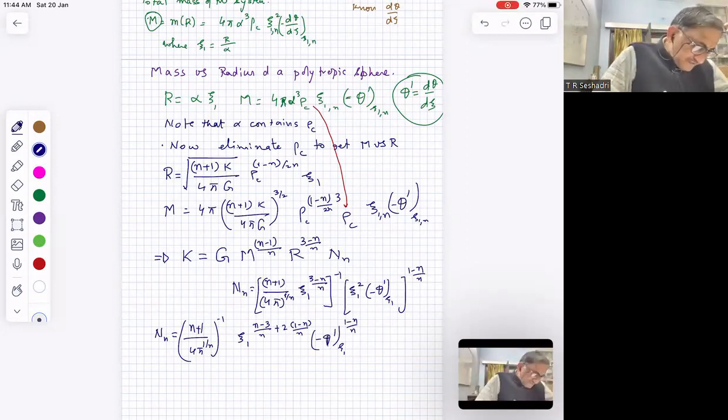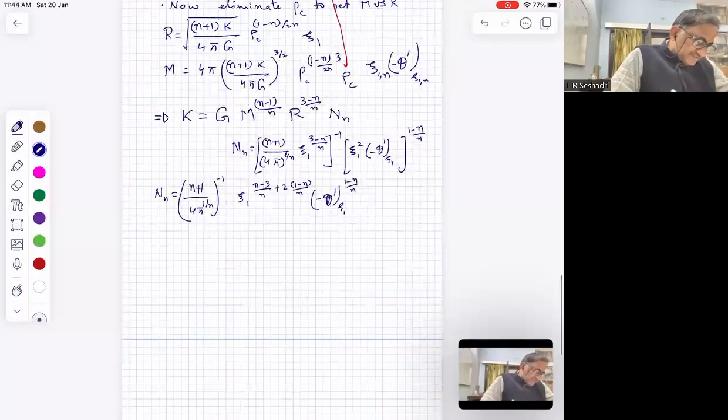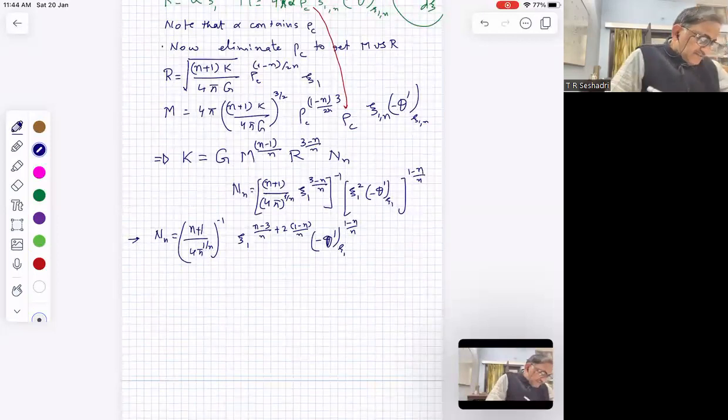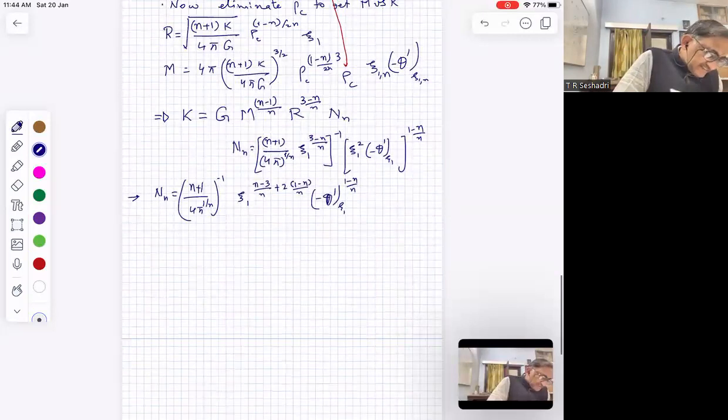So basically it means that it depends on the slope of theta at the surface and the value of xi at the surface. I can calculate it for a given n, and I can find this relationship between mass and radius. One thing which I see is that for a given n, M^((n-1)/n) R^((3-n)/n) is equal to a constant.